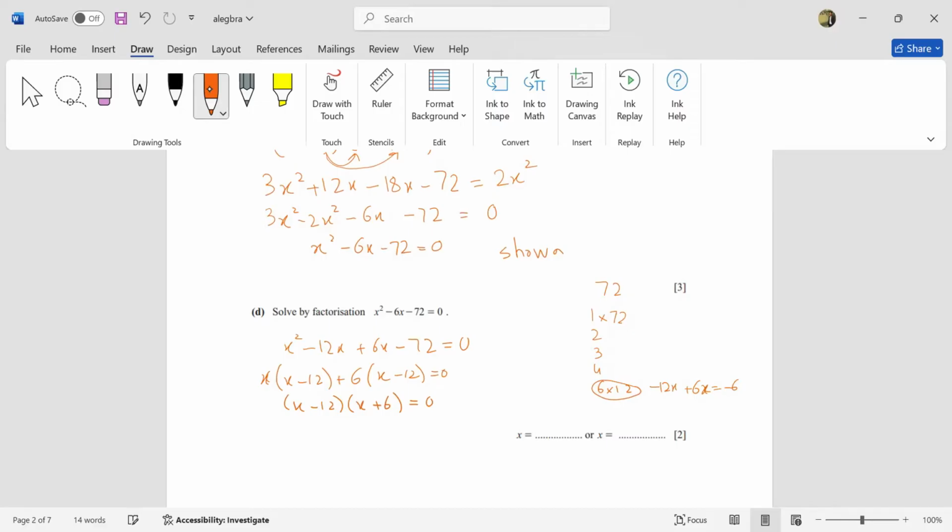Now two brackets multiplying equal to 0, we are going to use either x minus 12 is equal to 0 or x plus 6 is equal to 0. x is equal to 0 plus 12 means x is equal to 12 is your first answer. x is equal to 0 minus 6 means x is equal to minus 6 is the second answer. Like this, you got this. Okay, let's move further.